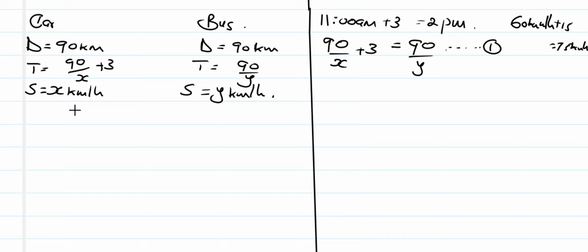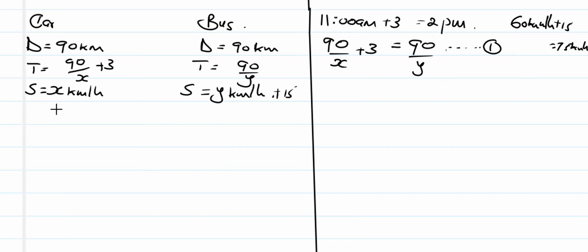So what that means is, let's say this y is the 60, but we want to get the speed of this one because the car travels 15 kilometers faster than the bus. So if I add 15 here, then the speed of both vehicles will be the same.